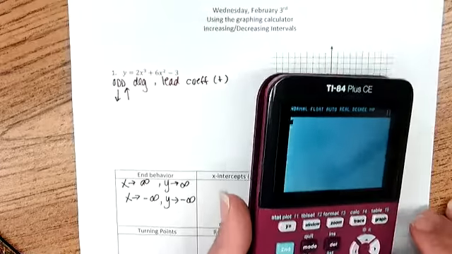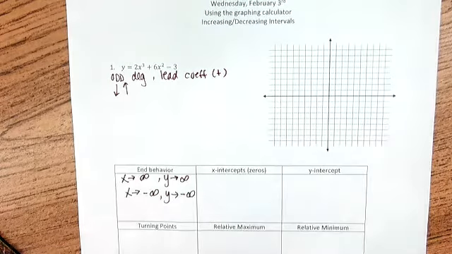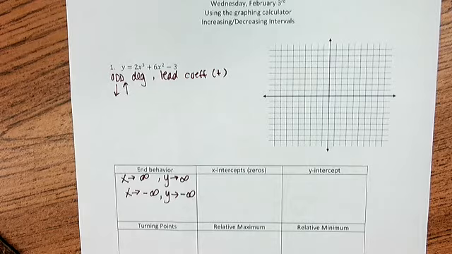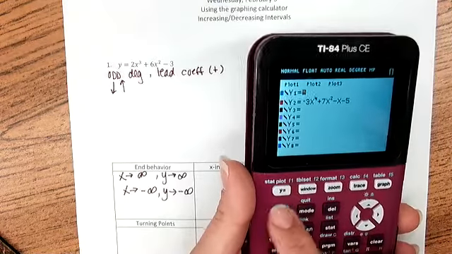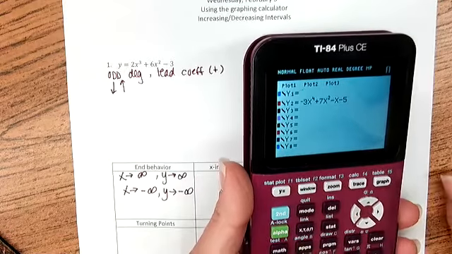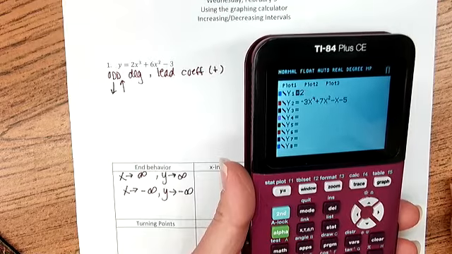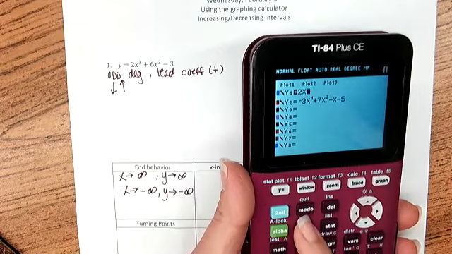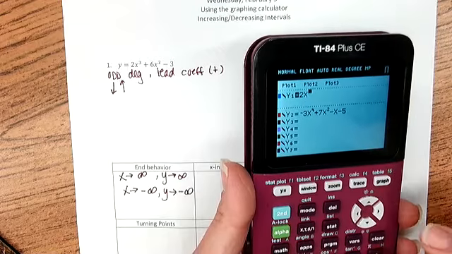Okay, so I'm going to type in 2x cubed plus 6x squared minus 3. So I'm going to put here y equals. I have an extra equation in my calculator. You don't need to worry about that. So I'm just going to push the number 2, x, which is the variable key, caret 3.